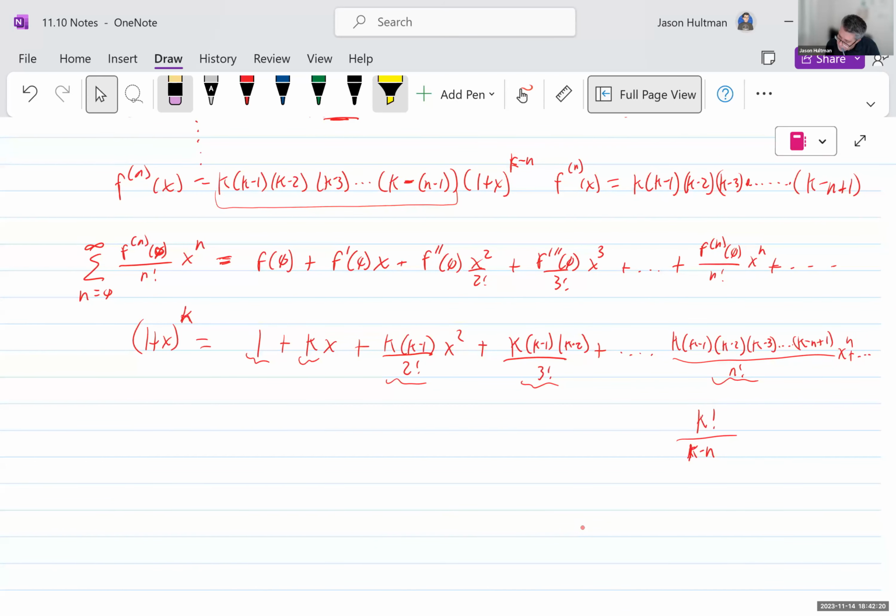Yeah, because the next one would be k minus n. Let me think about that for a second. This would be k minus n minus 1, and so the next one that I would have to cancel is k minus n. Yes, that's correct. Because I would get 1, 2, 3, and then this would go all the way to, let's put in a 4.